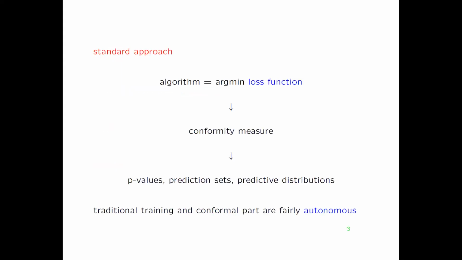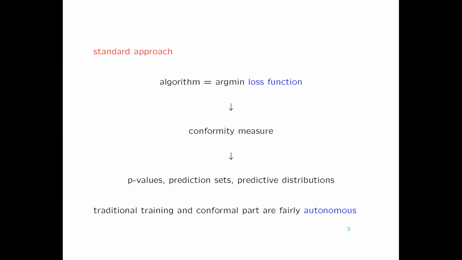Okay, but let's start with something that I think everyone knows here, the standard approach to making conformal prediction. Usually you have a machine learning algorithm, or an algorithm in general, that is pre-trained, and usually you train it by minimizing a loss function, and this loss function is normally an arbitrary loss function that you can choose.